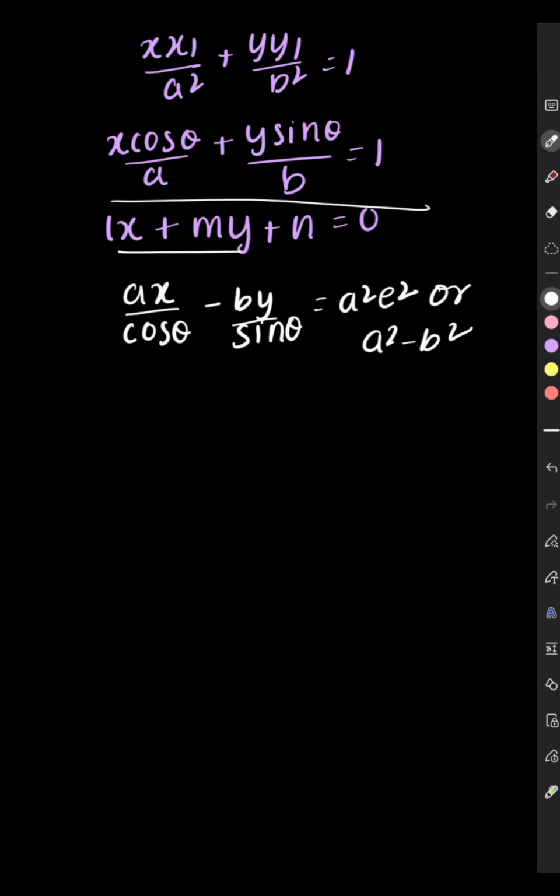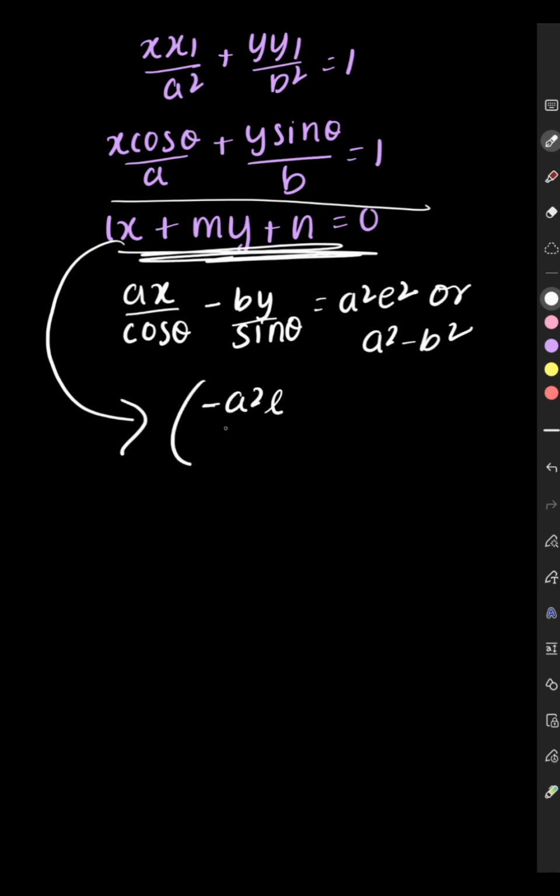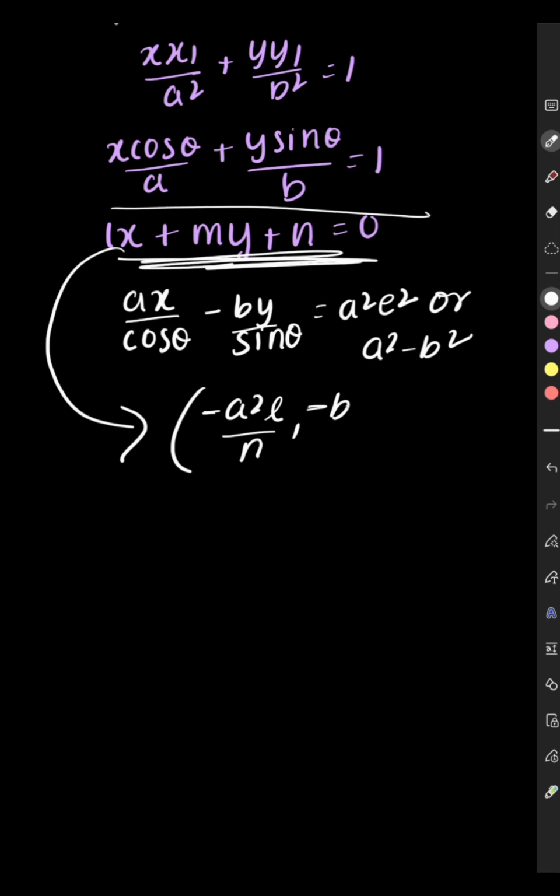For a line lx plus my plus n equals 0 to be tangent to the ellipse, the point of contact is (minus a square l upon n, minus b square m upon n).